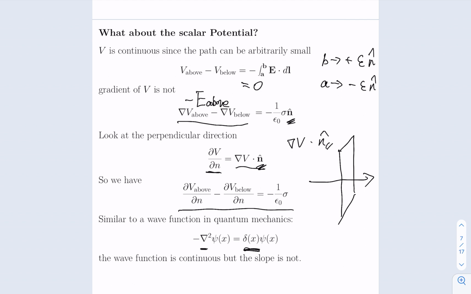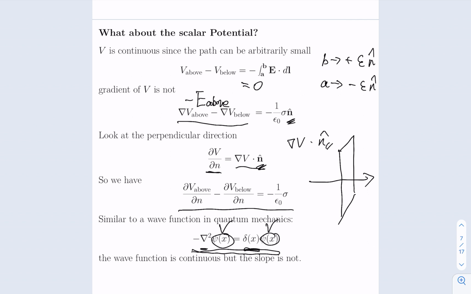And this is what we have for the v field. Instead of a wave function, we have an expression for the v. But in quantum mechanics, the minus del square is a kinetic energy operator, and delta x could be a potential. And I think you are going to see this expression.